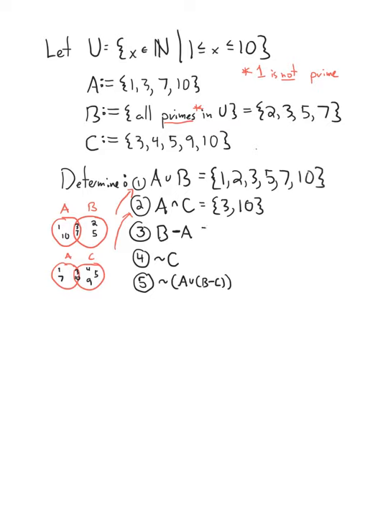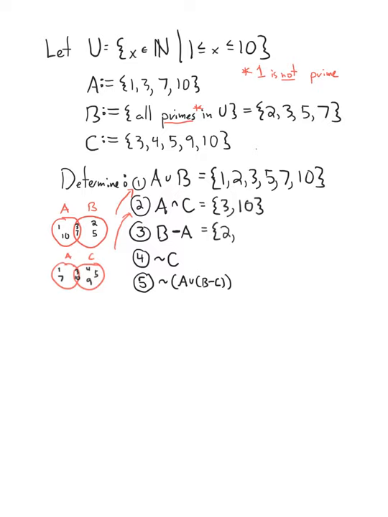B minus A, well, that's going to be everything in B that isn't in A. So we look at everything in B, 2, 3, 5, 7. 2 is in B, it's not in A, so we're going to include that. 3 is in B, but it's also in A, so we're not going to include 3.